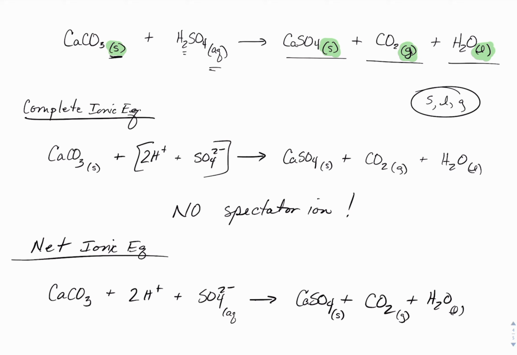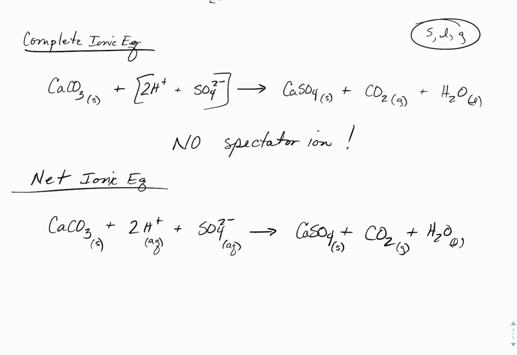This would still be aqueous, and so on. And so that would be your net ionic equation. And the driving force for this, you would just say, is the formation of solid calcium sulfate, gaseous carbon dioxide, and liquid water. Okay, so those are 3 or 4 examples of how to do chemical reactions that have ionic substances in them and how to write those in net ionic form.